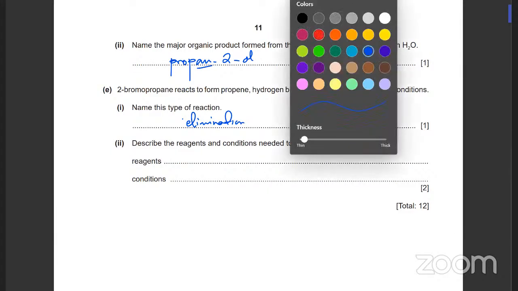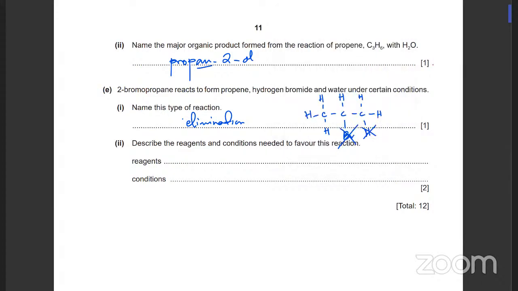That results in the formation of a double bond. It forms propene. So the reagent is NaOH or KOH, ethanolic must be the condition, plus you're going to heat it as well. So the solvent used is ethanol.